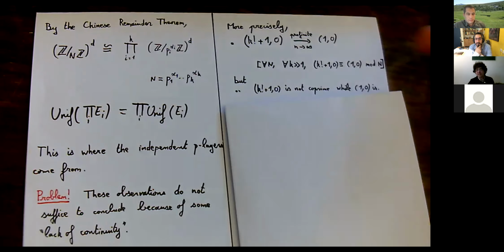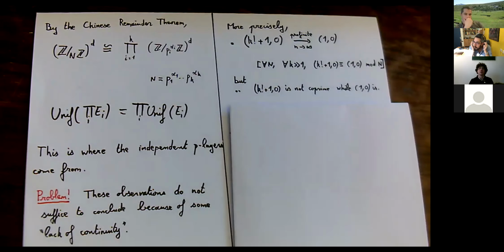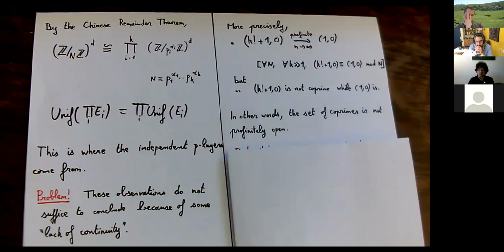So we have this convergence. However, the coprimality condition is not coherent with these limits. What I mean is that factorial k plus 1, 0, it has GCD equal to factorial k plus 1, which is not 1. And in the limit, the GCD is equal to 1. In other words, the set of coprimes is not profinitely open.